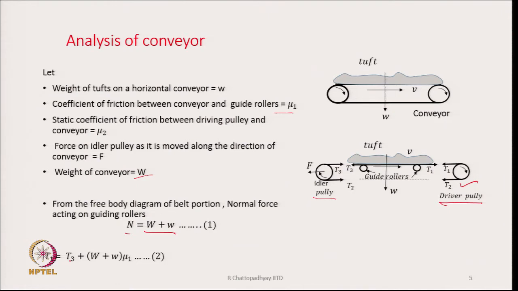It is going to be T3, the tension at the other end, plus we have to overcome the frictional force, which is W plus small w multiplied by mu 1. So, T1 therefore, is greater than T3.